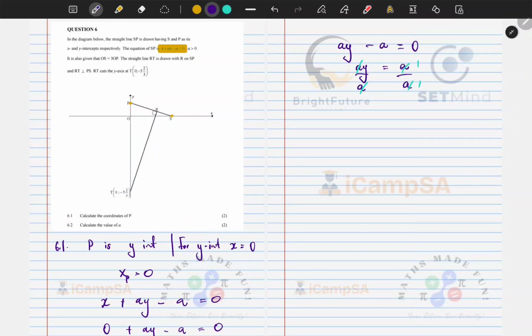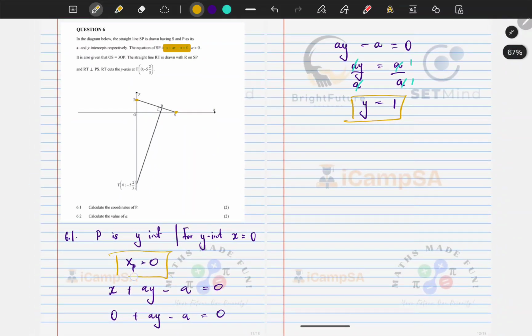You are left with y equals 1. You also have x equals 0. Therefore, the coordinates of P are (0, 1). So those will be your coordinates.